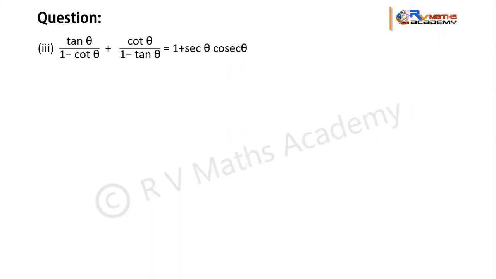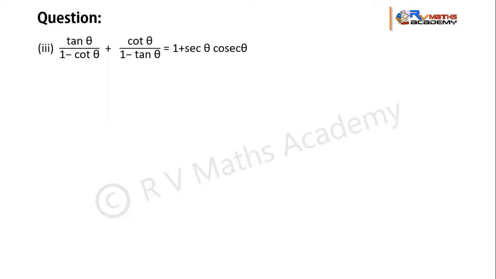Now, here you can see on the left hand side it is written tan theta upon 1 minus cot theta plus cot theta upon 1 minus tan theta. Most of the time, if tan and cot are given, we generally convert them into sine and cos.